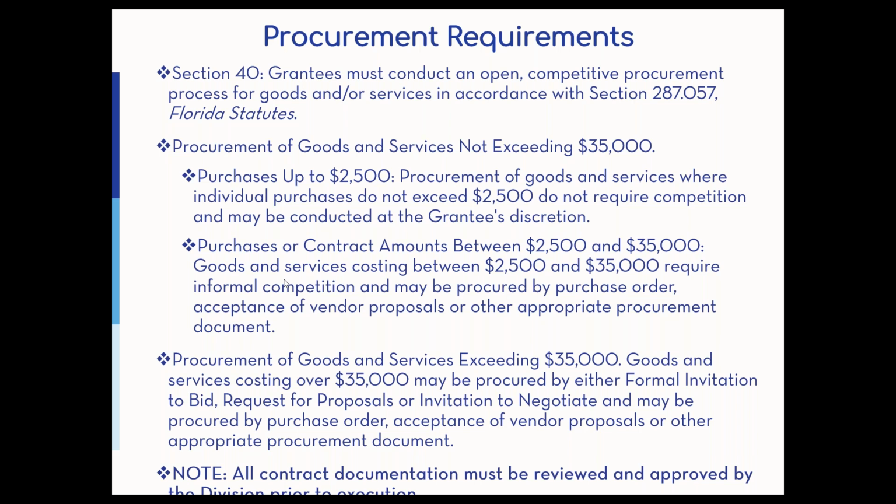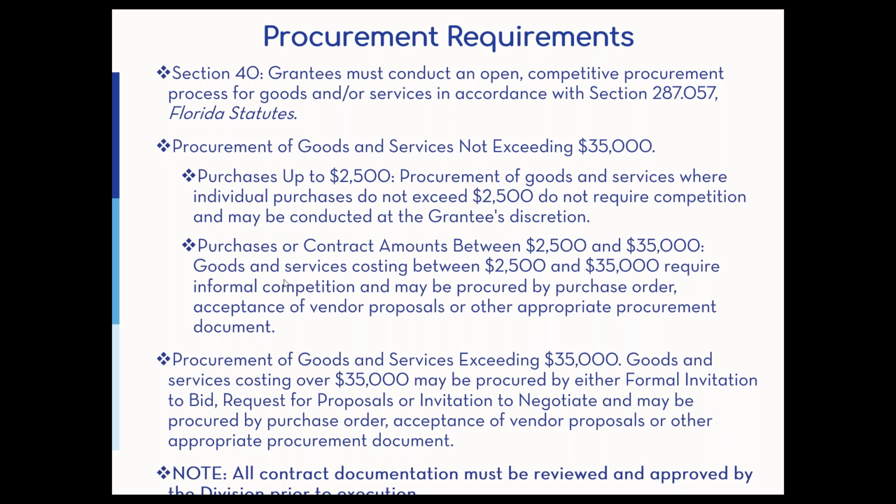So anything that exceeds $35,000 has to be procured either by formal invitation to bid, request for proposals, or invitation to negotiate, and can be procured by purchase order, acceptance of vendor proposals, or other appropriate documentation. So you actually have to go through a competitive bid process for those large figure goods and services.